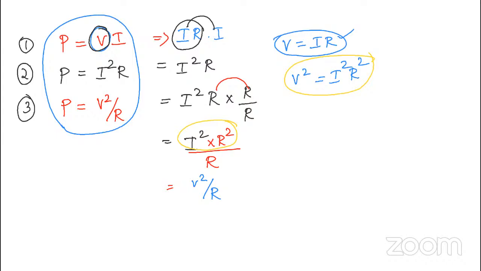Yes, it is the first option. Very good. Suppose they are providing the voltage value and resistance value, which is the right one, the first formula or the third formula?